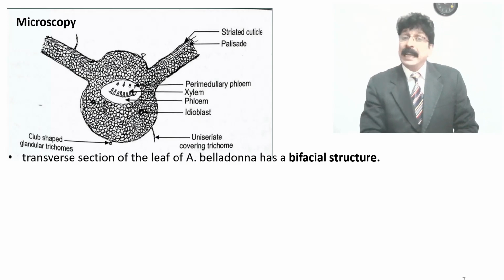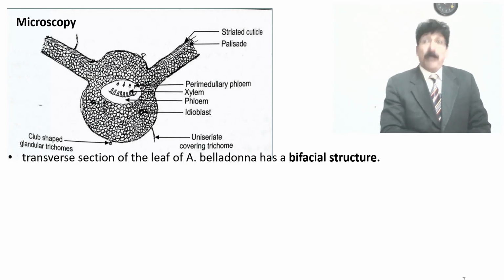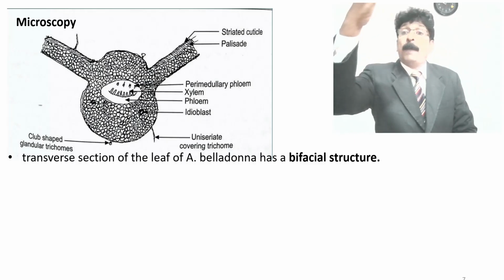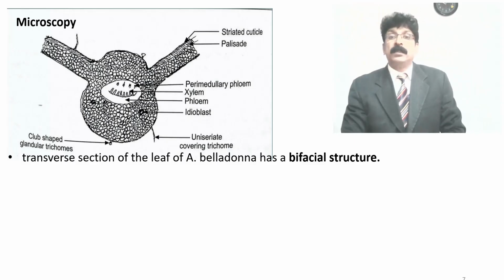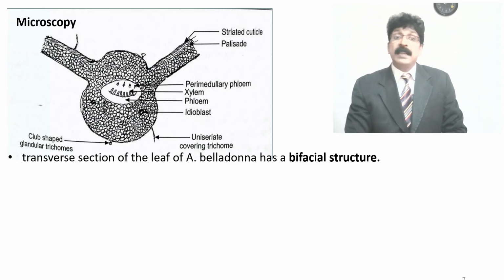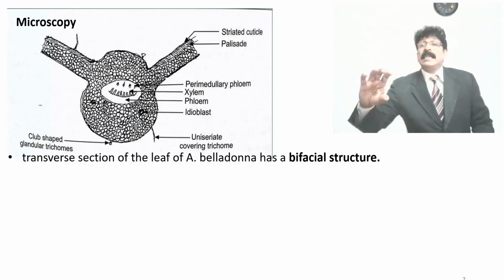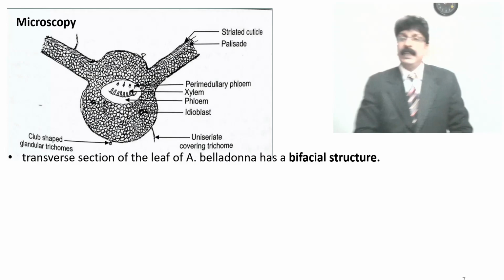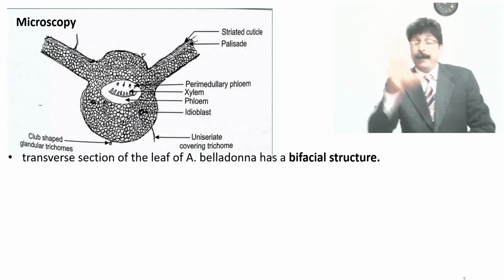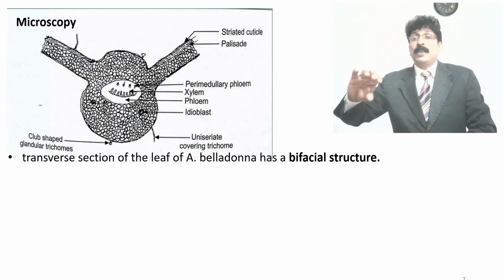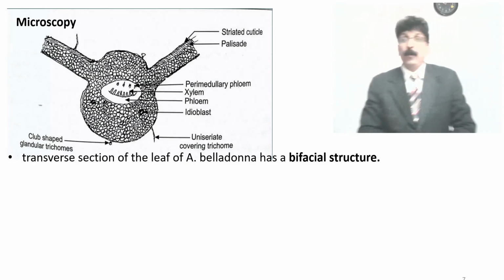Unicellular covering trichomes and glandular trichomes are also in some places on both the upper epidermis and lower epidermis. Stomata can be seen, and club-shaped glandular trichomes as shown in the picture, and we can see collenchyma cells in the midrib region near the lower epidermis and upper epidermis, very prominently round shape.